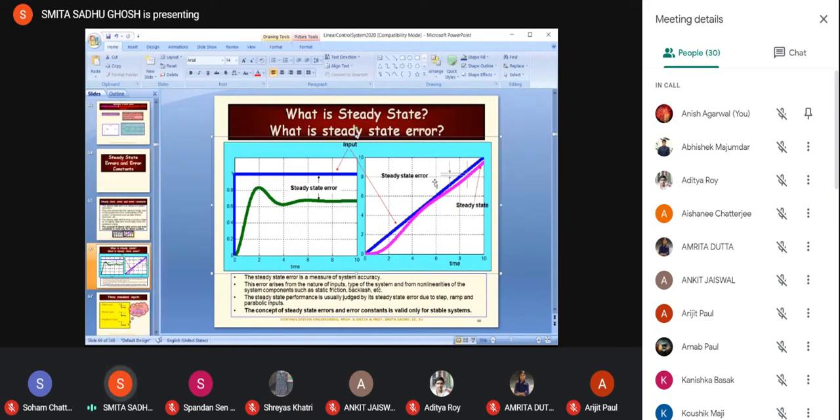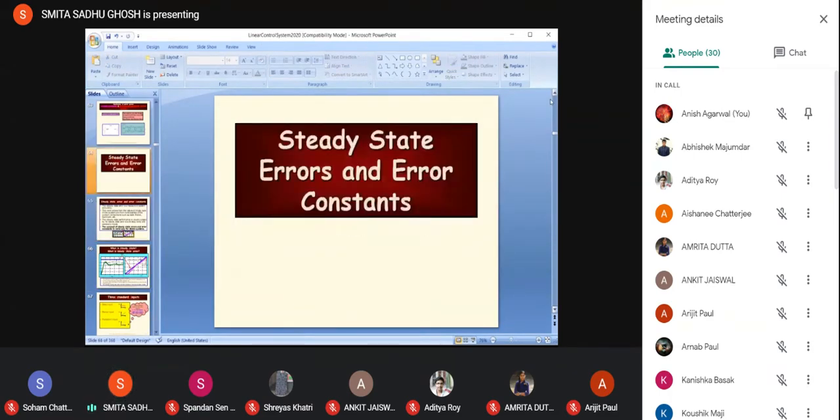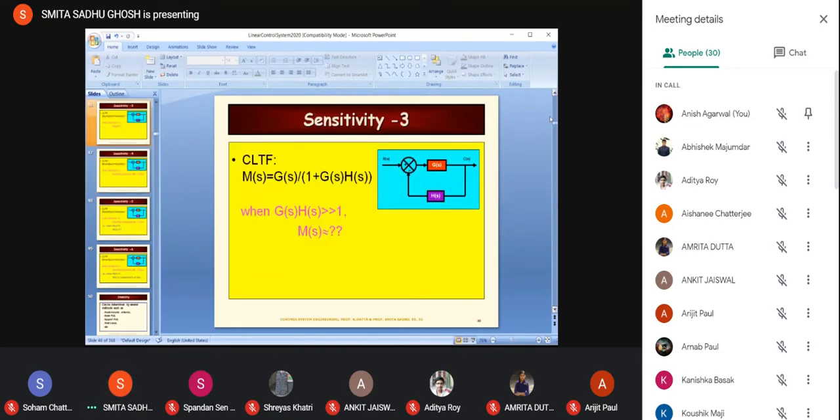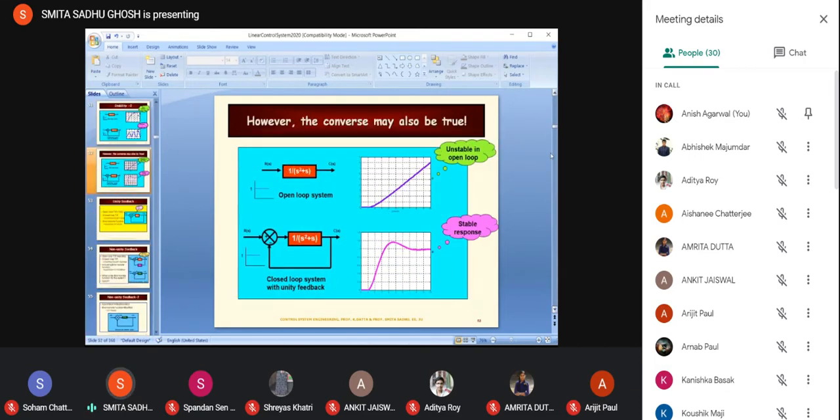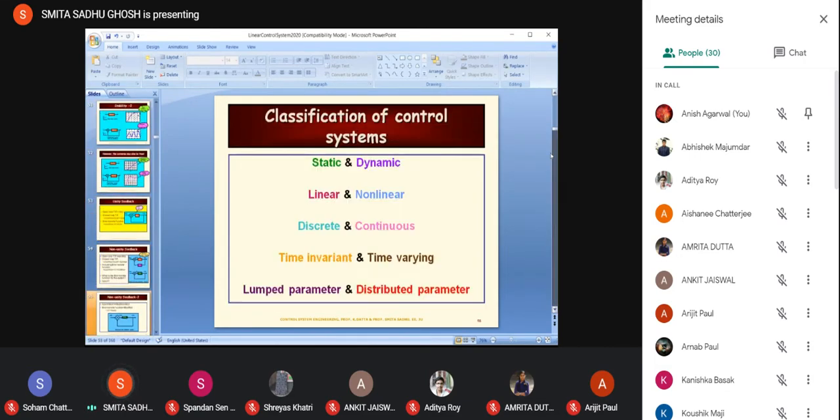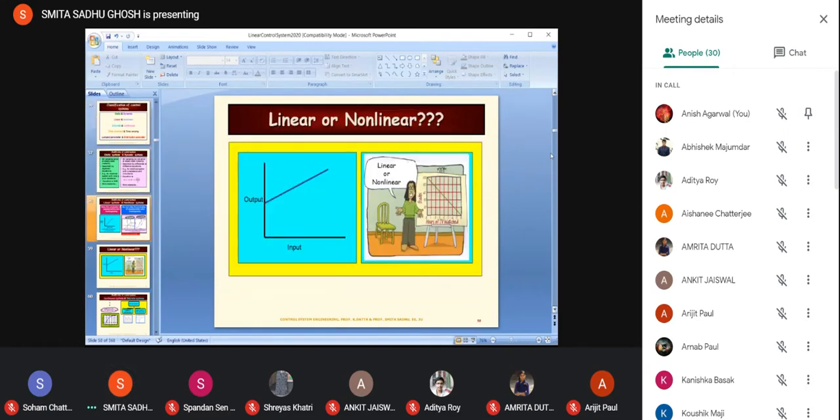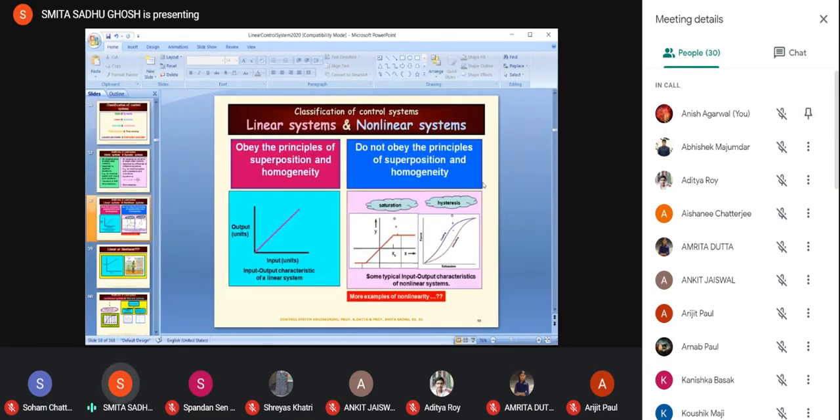So for understanding whether a system is linear or nonlinear, let me bring back that slide. Yes, the characteristic versus time is not to be taken.